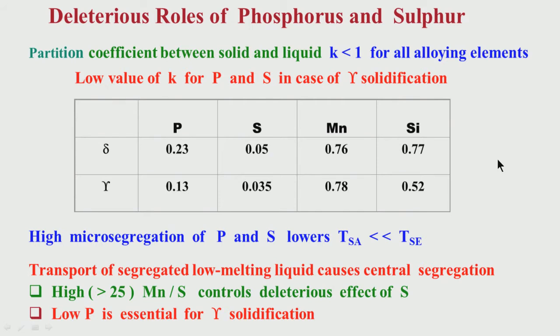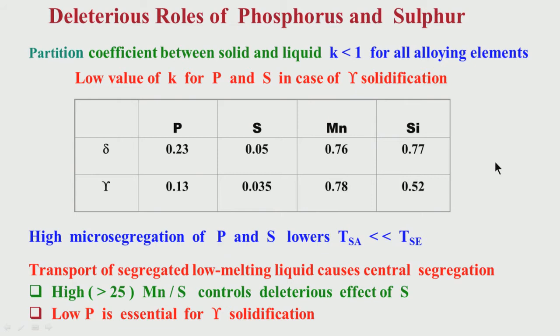So if the actual solidus is lowered, the solidification range, the temperature difference between the liquidus and the actual solidus, also increases. The liquidus is not much affected, so the difference between TL and TSA, that means between the liquidus and the solidus, becomes large.